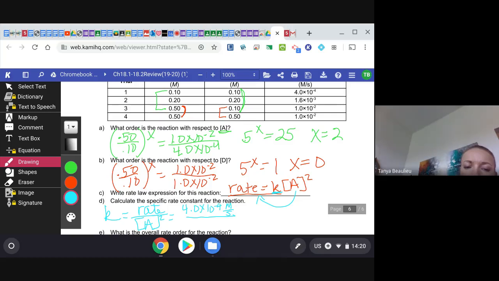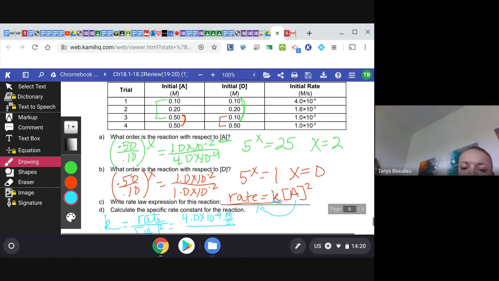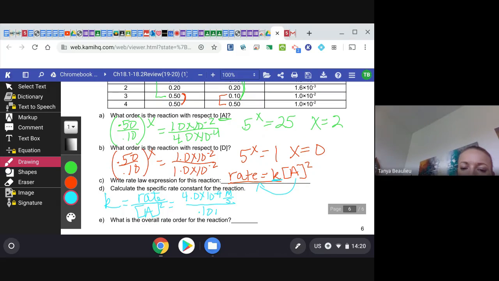Oops, I forgot my squared there. And my concentration of A was 0.10 molar, and that value is squared. K for this one came out to be 0.040, and you have a molarity per second divided by molarity squared there.